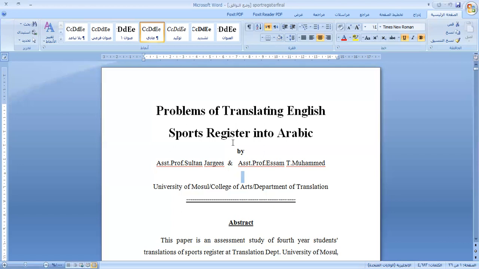For example, if we have all terms and expressions that are related to literature, we gather them and their definitions, then we put them together. The collection of these terms is called literary terminology.